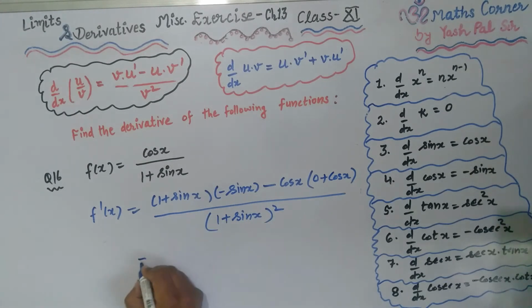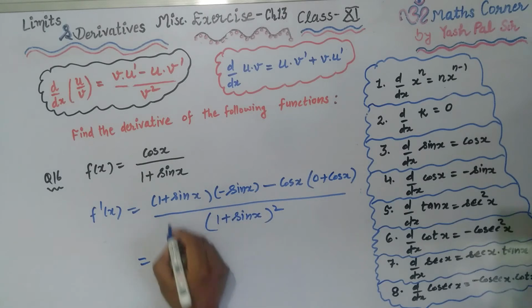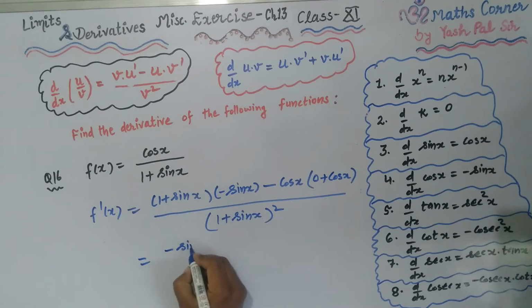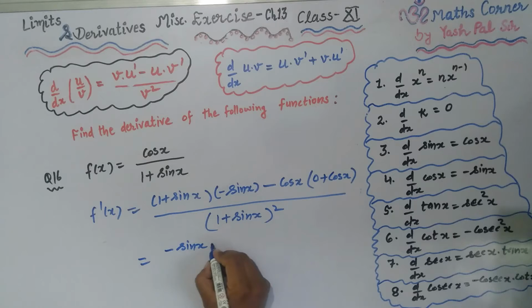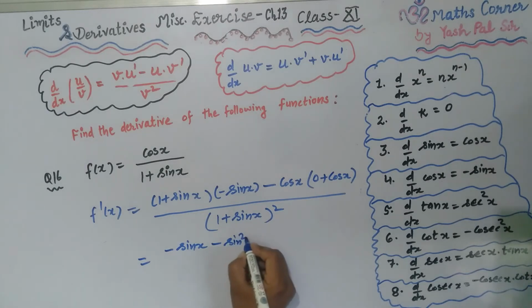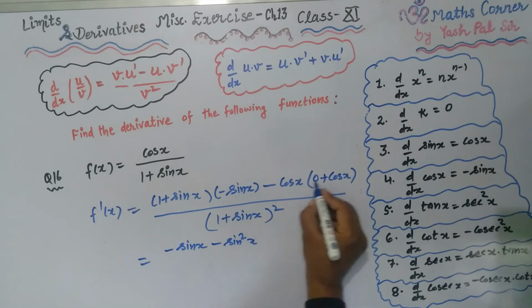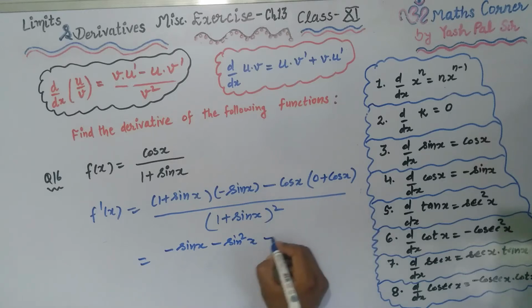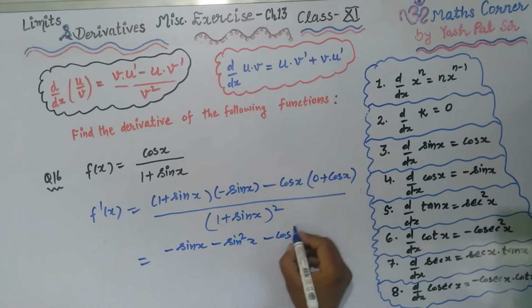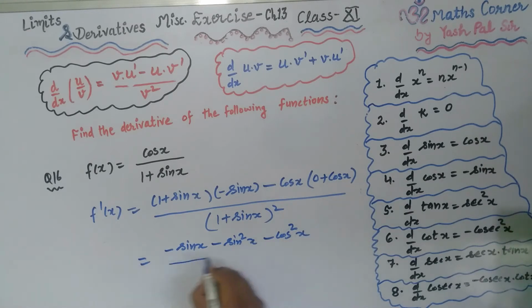So what this becomes: minus sin x into (1 minus sin x) minus sin square x minus cos x into 0 minus cos square x, divided by (1 plus sin x) whole square, right.